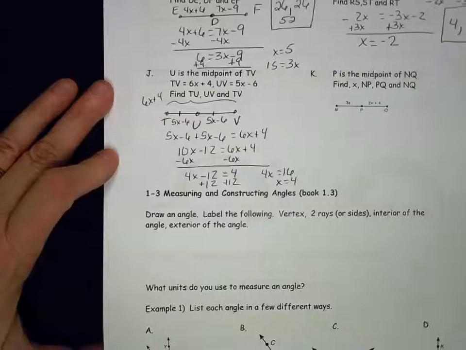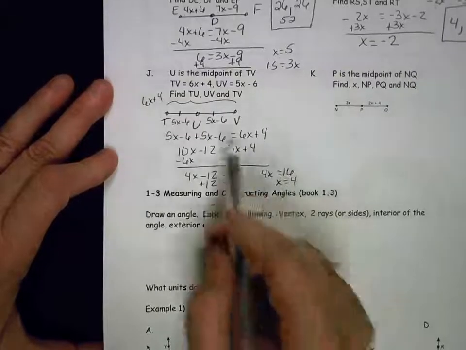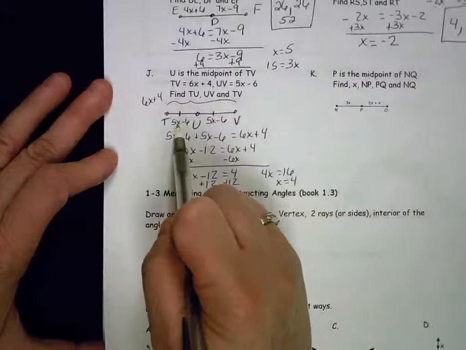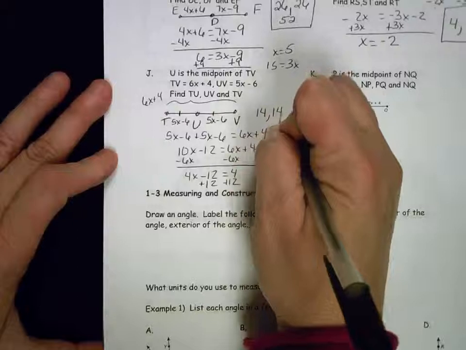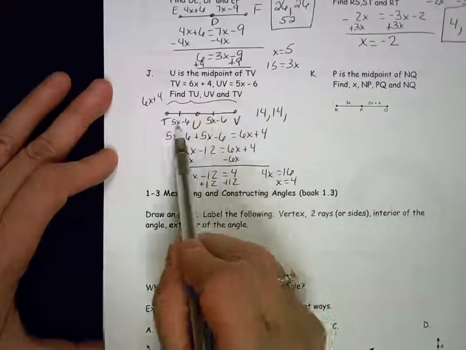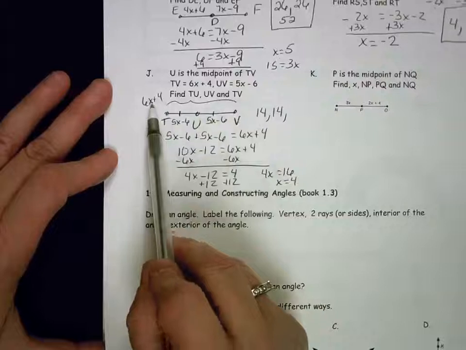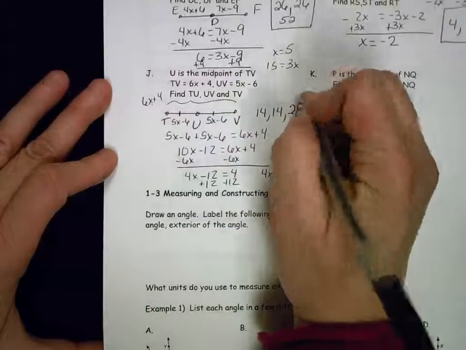All that work, and we're not done yet. If x is 4, 5 times 4 is 20. Minus 6 is 14. So each of those pieces will be 14. 6 times 4 is 24. Plus 4 is 28.